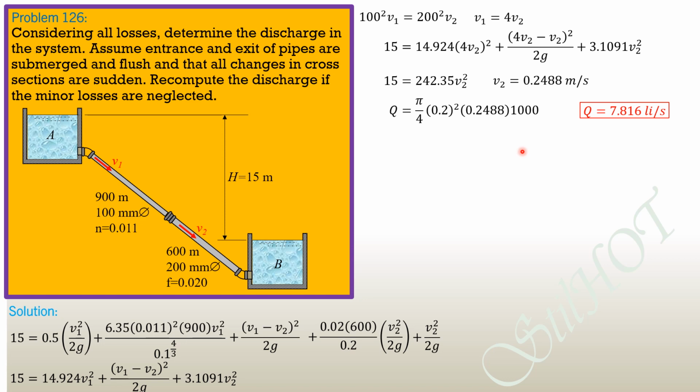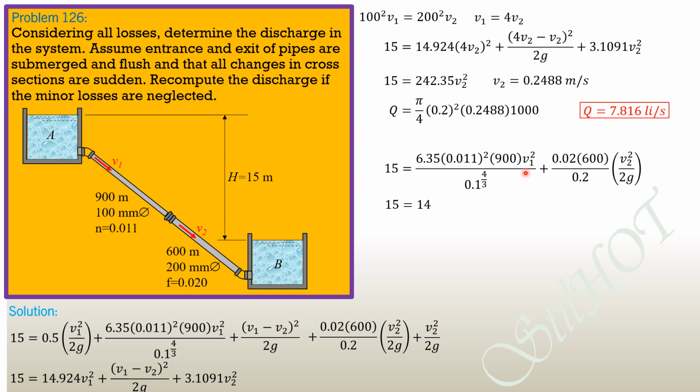Then for the second part, if we ignore losses, then 15 is equated to the second and the fourth terms only. So 15 equals 6.35 times 0.011 squared times 900 times V sub 1 squared over 0.1 to the 4/3 plus 0.02 times 600 over 0.2 times velocity head at 2, V sub 2 squared over 2g.